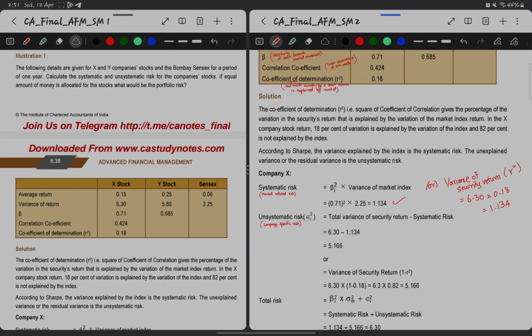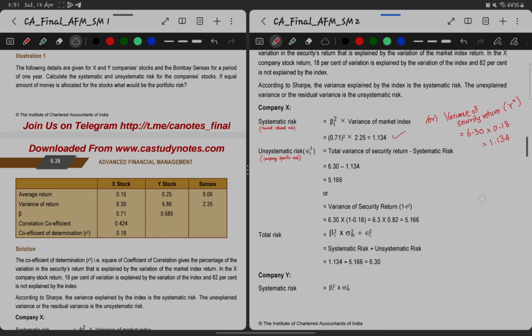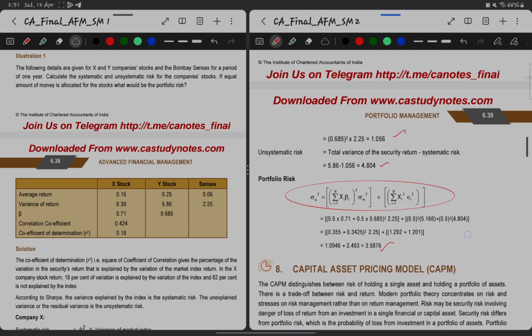Systematic risk can't be negated as it is the same for all the stocks because it is a market related risk, but unsystematic risk is company specific risk. So if we invest in a diversified portfolio, then the unsystematic risk can be reduced. Thus the portfolio risk will always be less than the individual stock risk.